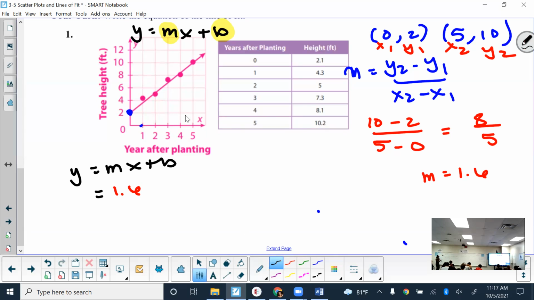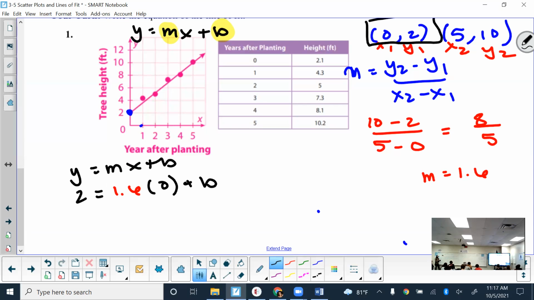Good, you could get it from your graph, but I say just make your life easier and use one of the points that you used to find the slope. All right, so I'll use the 0, 2, because I like the ones with zeros in them. It's usually easier to do the math. So if I use 0, 2, my y value is 2, my x value is 0, and now it's just solving for b. Questions about that?